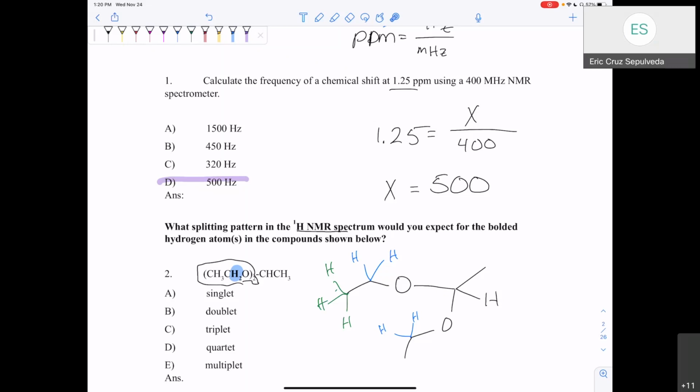Something that people often get confused is that this one actually would be 4 bonds because this is 1 bond, this is 2 bonds. Cool. And then there's another reason as well. Oxygen in the way. Cool. So not only is it actually 4 bonds, not 3, but we're not going to split through the heteroatom. So if these guys have 3 neighbors plus 1, that equals 4. And we have a quartet.